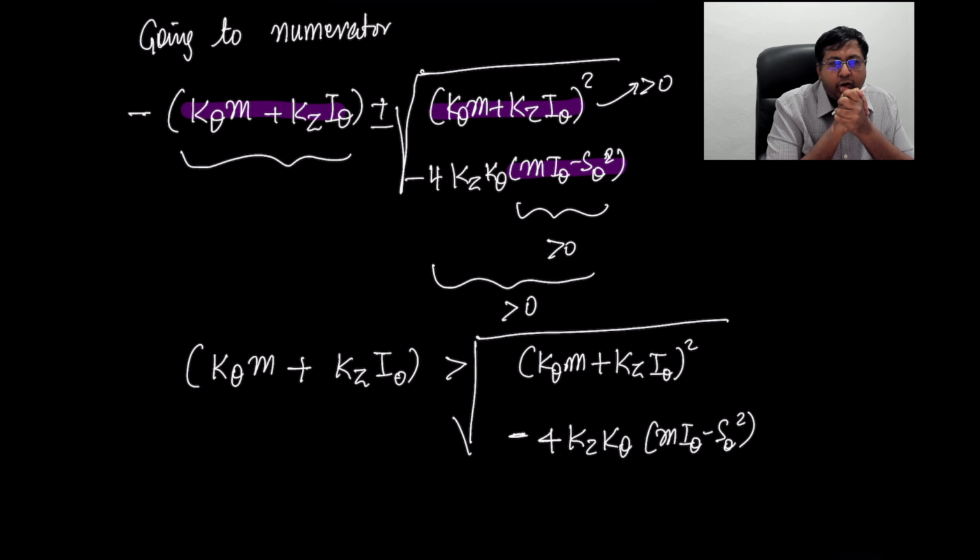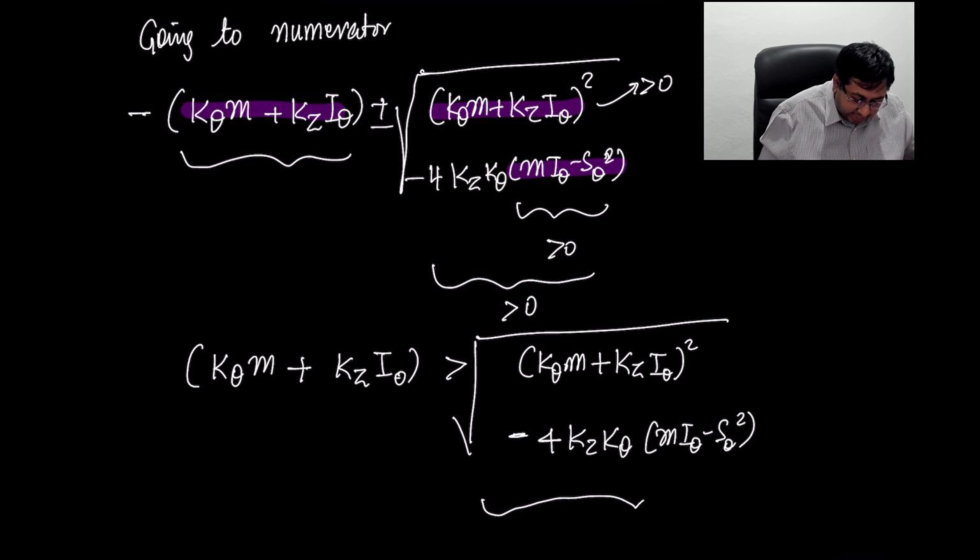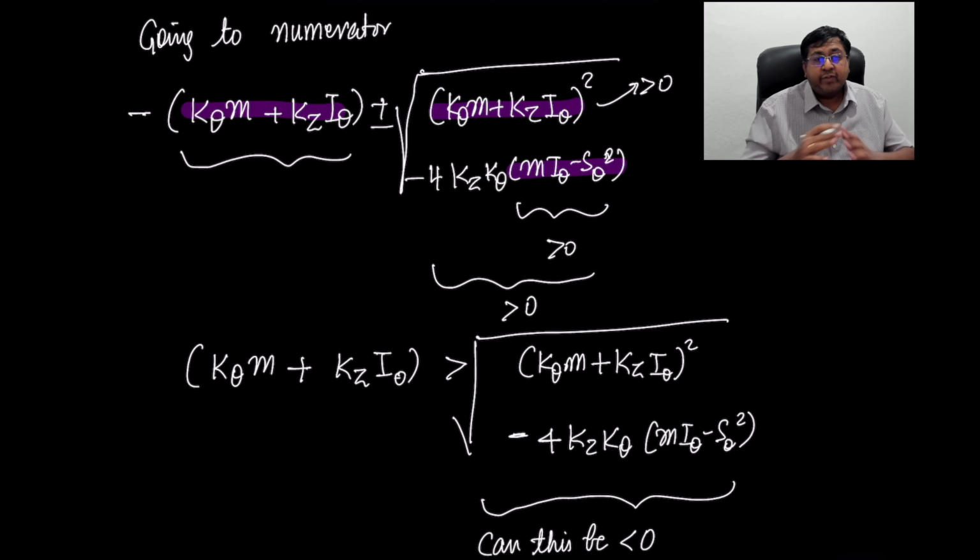But then the one question that we have not thought about yet is, what if this is less than 0? Can this be less than 0? If that is less than 0, then we have the square root of a negative number, which would lead to a complex number in there.